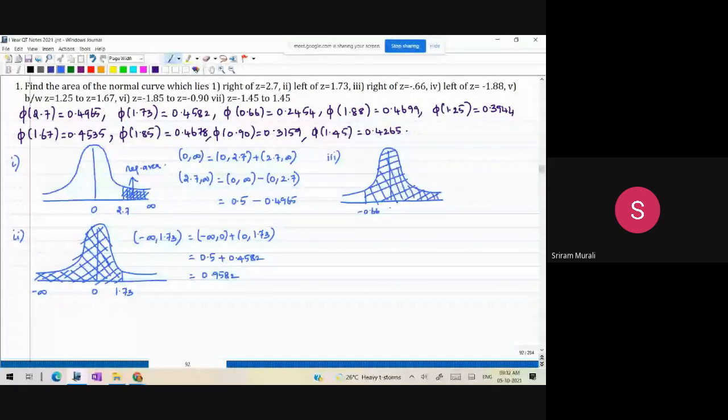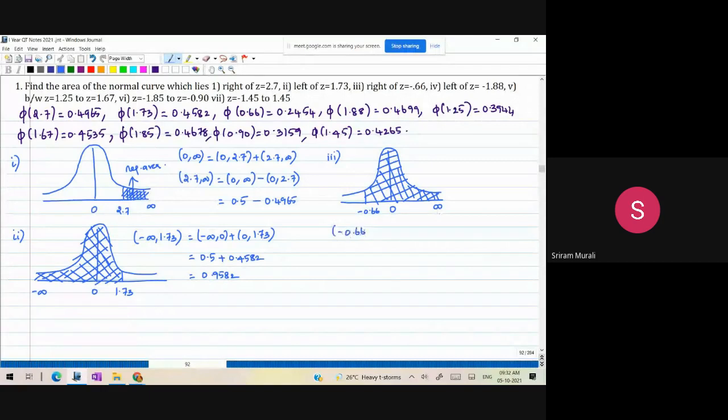Now, how do we convert? I take the total area, minus 0.66 to infinity, as minus 0.66 to 0 plus 0 to infinity.